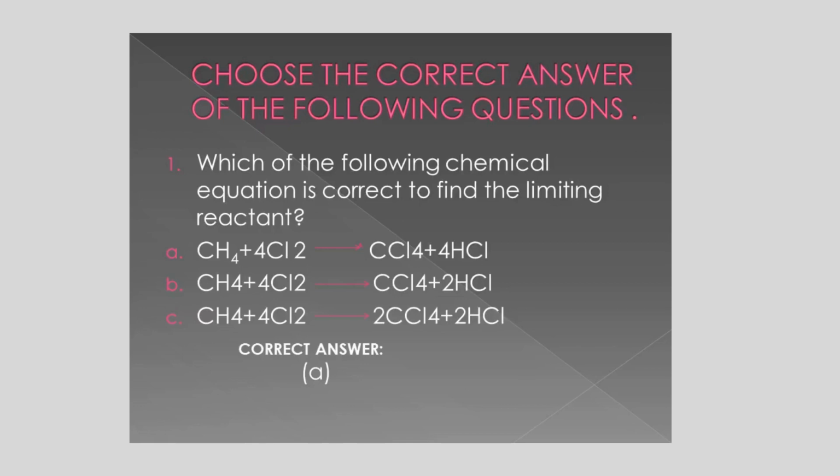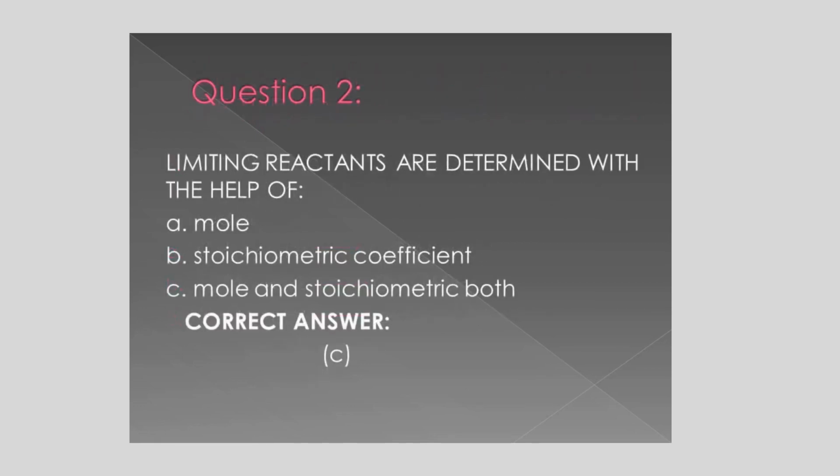Question number 2: limiting reactants are determined with the help of A, mole, B, stoichiometry coefficient, or C, mole and stoichiometry coefficient both. Now you will find the answer with the help of the previous lesson.